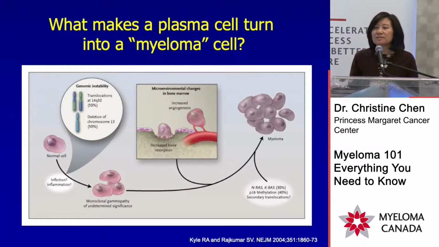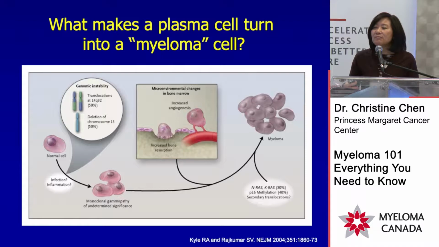So what makes a plasma cell turn into a cancerous myeloma cell? Well, we know there are probably multiple hits that are required. There's not just one event that suddenly turns a plasma cell malignant. We know that there's probably a background of genetic instability, and I'll talk about that a little bit later. Most patients with myeloma do have some genetic abnormalities that we can detect. There may be, on top of that, a component of some kind of environmental exposure, maybe infection, inflammation.